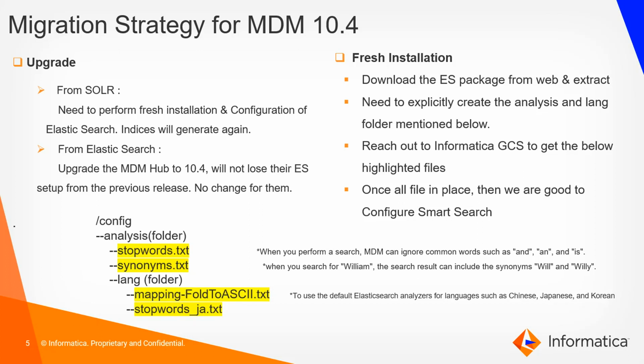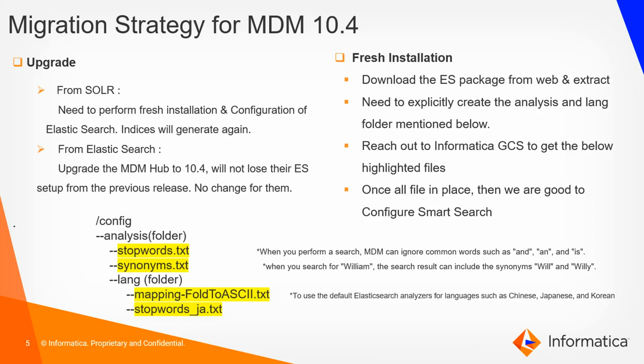the major change is that in 10.3, we had the Elasticsearch package built into the MDM installers. But from 10.4, we need to download the Elasticsearch zip file from the Elasticsearch site.